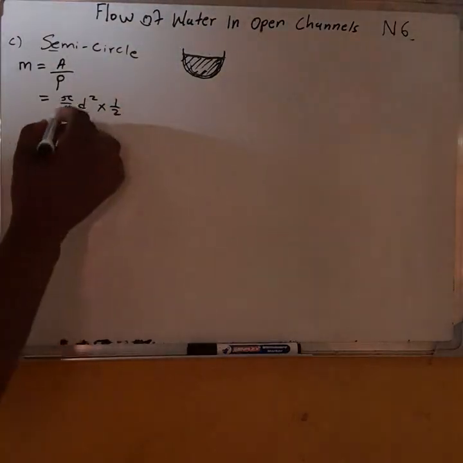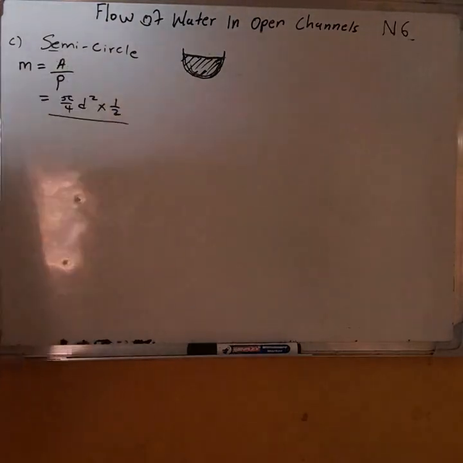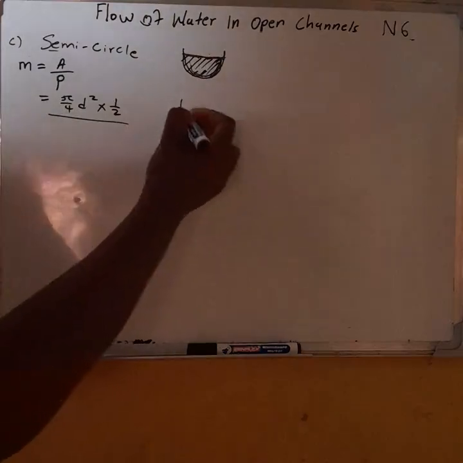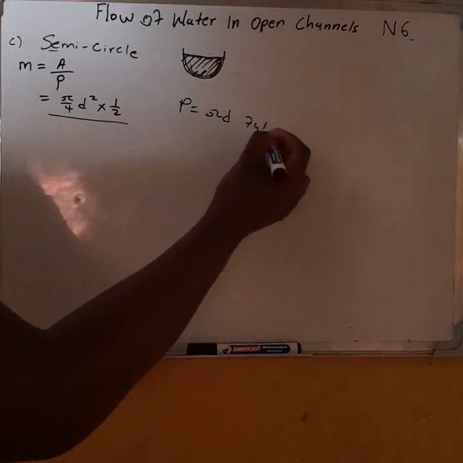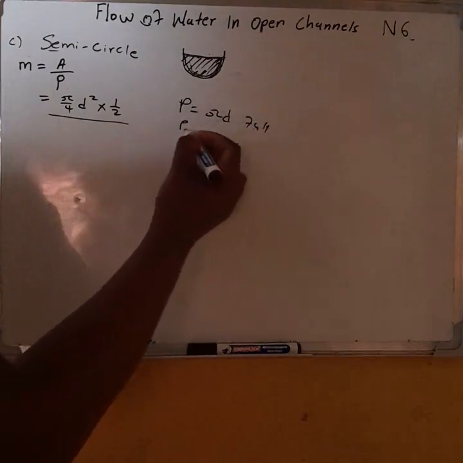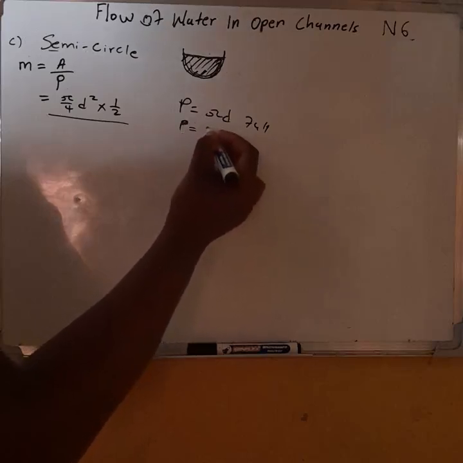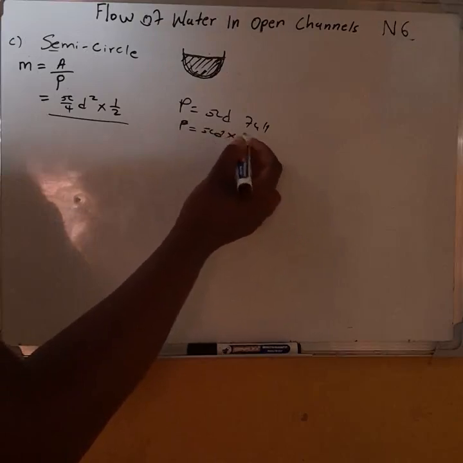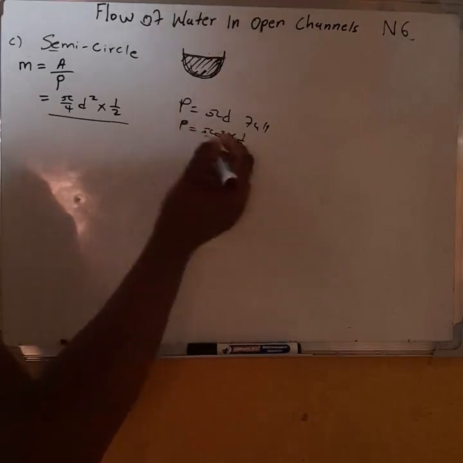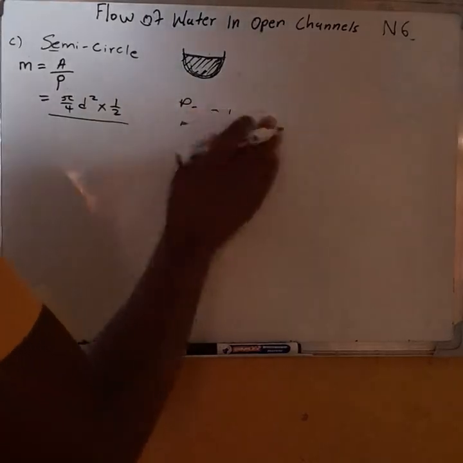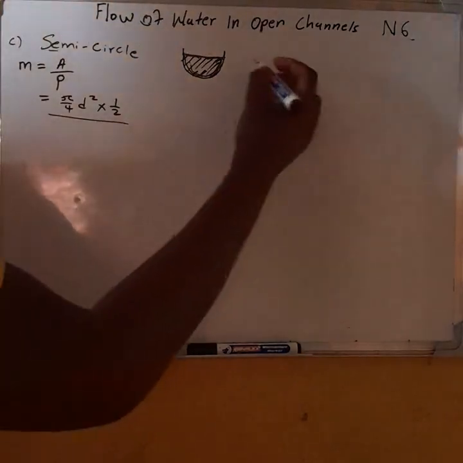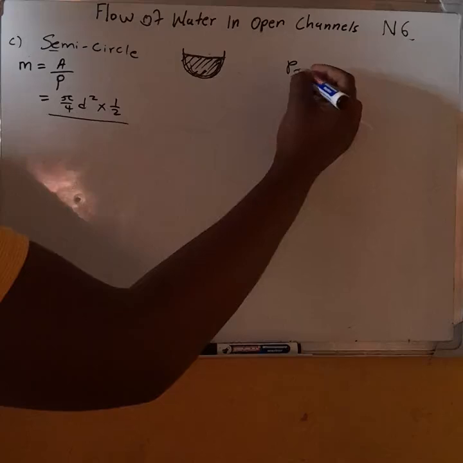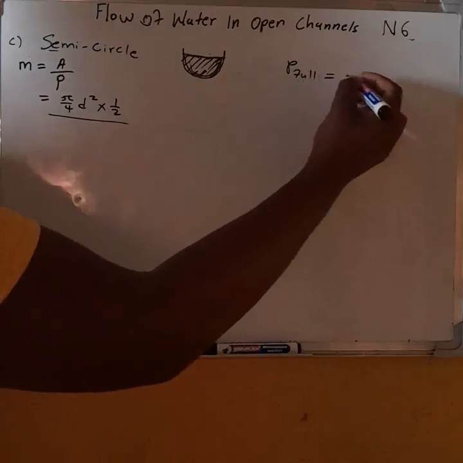Then that area is over the perimeter. Remember the perimeter, I said, is pi d for the full. But what about the half? You have the perimeter multiplied by 1 over 2, or you divide by 2. Remember, P full is equal to pi d.